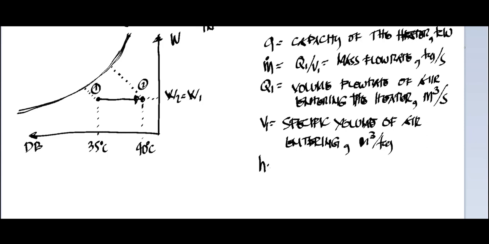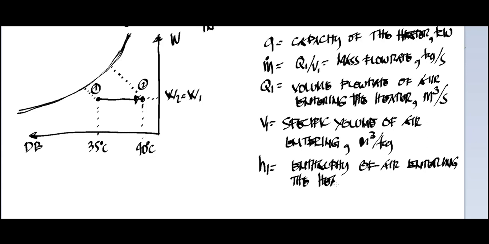So we also have your enthalpy 1, the enthalpy of air entering the heater. The unit will be kilojoule per kilogram of dry air.